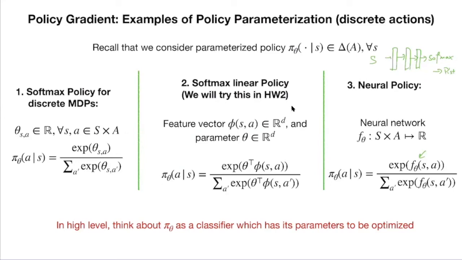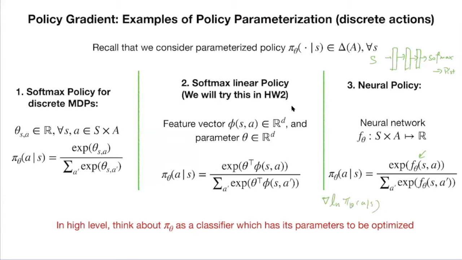So policy gradient is really powerful because it allows us this flexibility to design the policy parameterization. And all we need, as you will see, is the ability to compute the gradient of log pi theta.